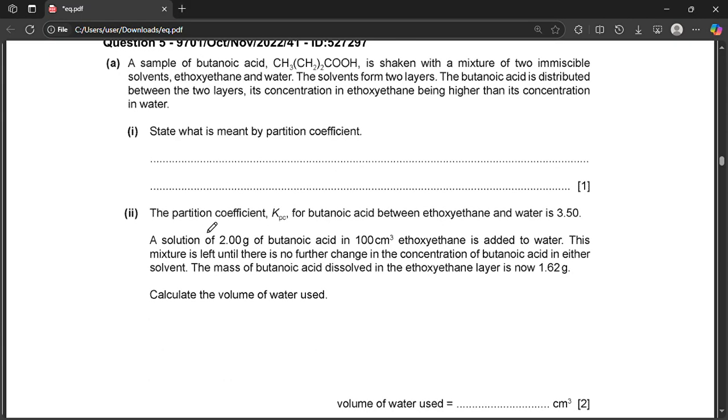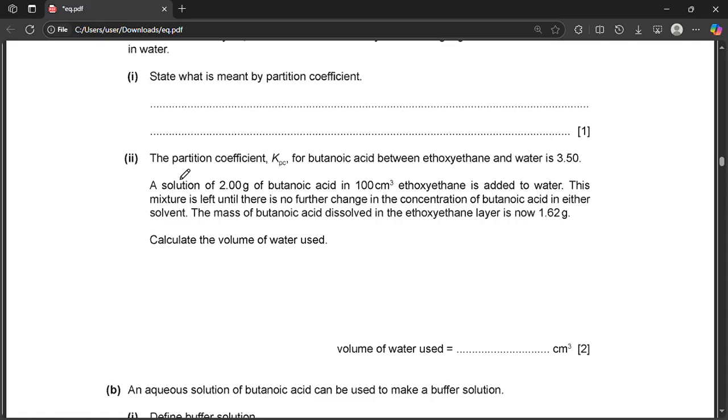For example, let's look at this question. The partition coefficient for butanoic acid between ethoxyethane and water is 3.50. So they have given us the KPC value. A solution of 2 grams of butanoic acid in 100 cm³ of ethoxyethane is added to water.